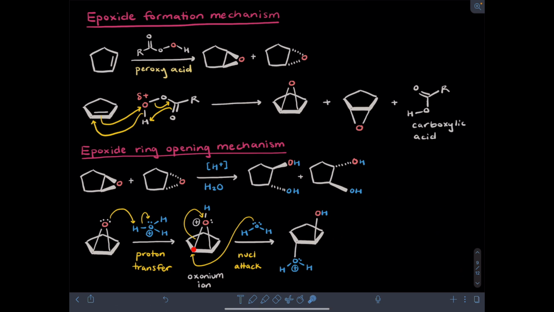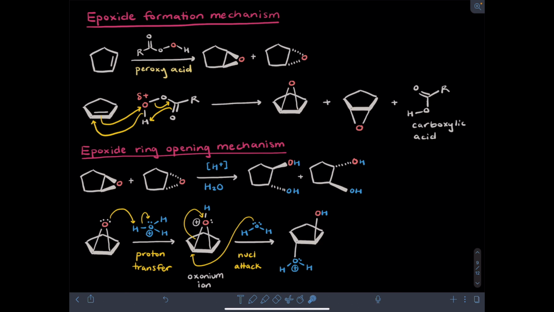Now that that carbon-oxygen bond has broken, the oxygen is only attached to the carbon on the right, and now it is present as a neutral OH group. Because the OH group of the oxonium ion was facing up the page, that forced the water nucleophile to attack from below. So I draw that new carbon-oxygen bond pointing down the page.